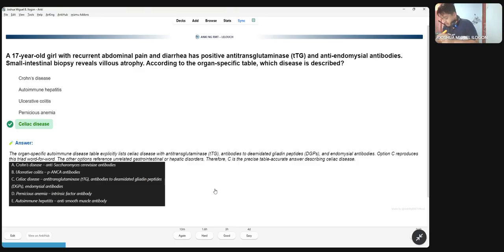The missing antibodies, DGP plus TTG. Where is it? Dude, the tables are not complete in here. I don't know why. What's wrong with my book?